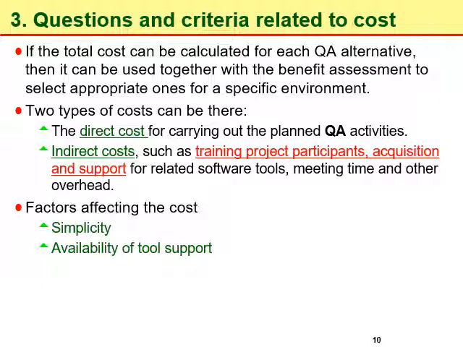The direct costs for carrying out the planned quality assurance activities typically involve the time and effort of the software professionals who perform the related activities and the consumption of other resources such as computer systems and other supporting resources or facilities. In addition, there are also indirect costs such as training the project participants, acquisition and support for related software tools, meeting time, and other overheads.